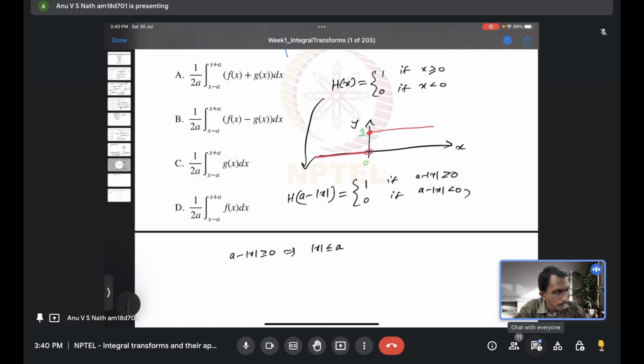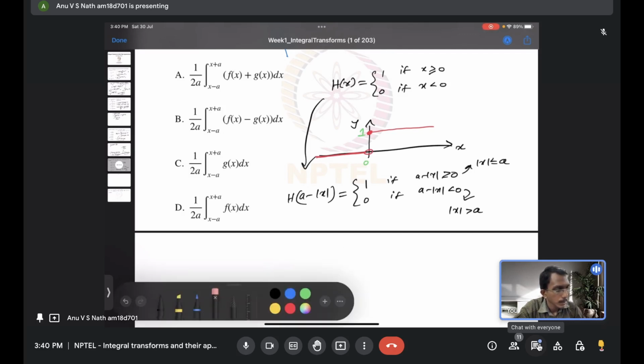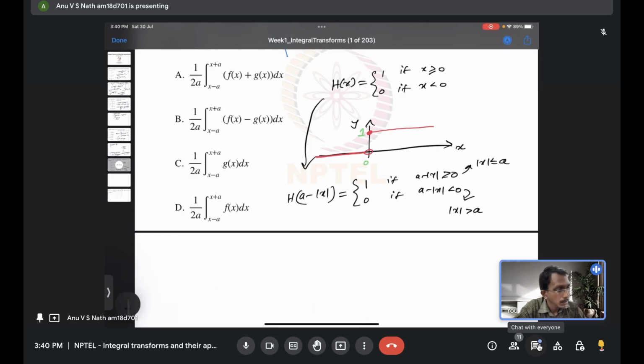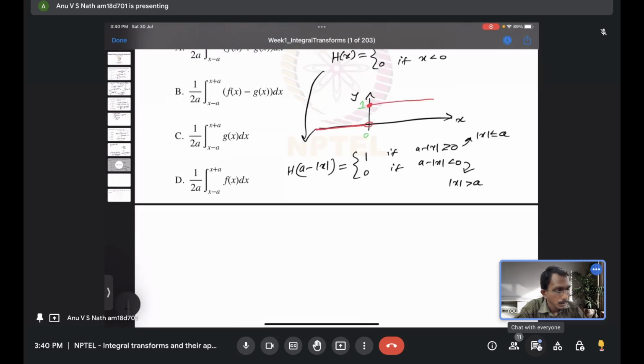The second condition we can write as mod x is greater than a. We also know that mod x is equal to plus x if x is greater than 0, and minus x if x is less than 0.